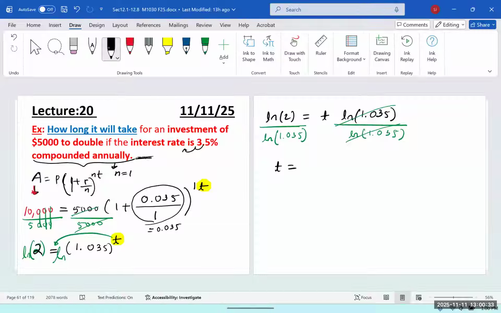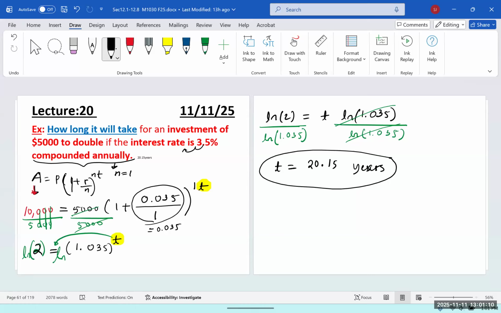Two places. 20.15. You're waiting 20 years.